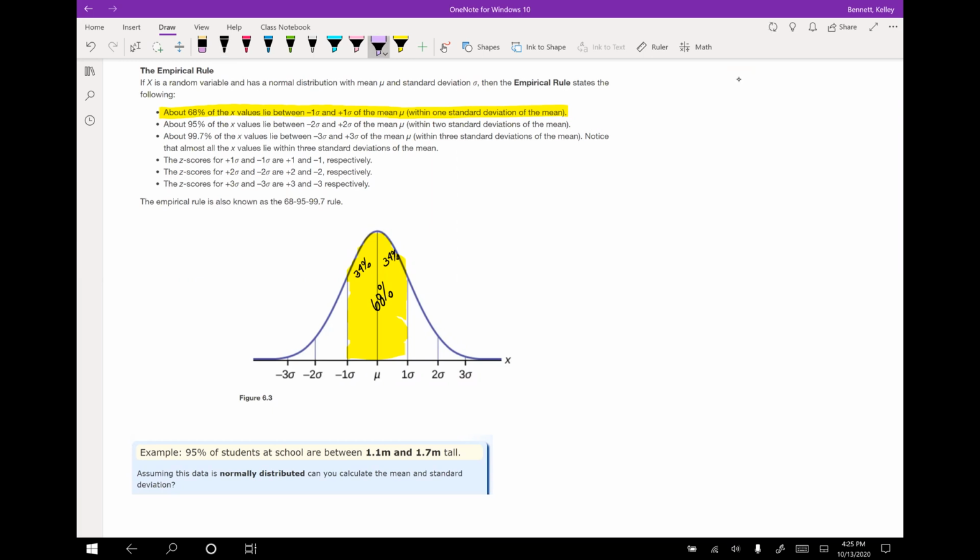We also have that 95% of the x values are within two standard deviations of the mean. So what that means is that from the mean, I can go up two standard deviations, or I can go down two standard deviations. And the area of this region is going to be 95%.